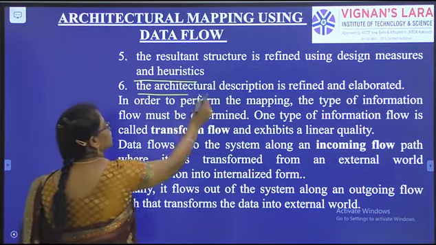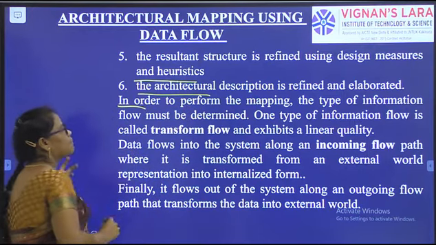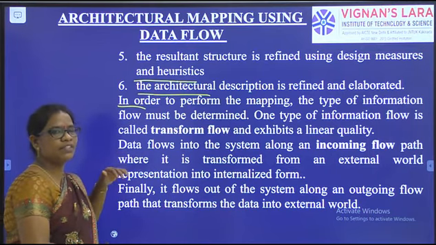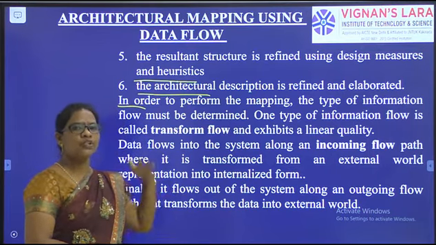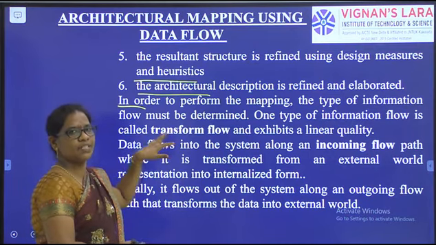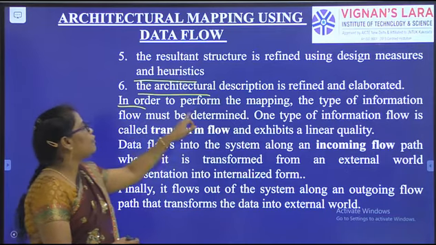So the architectural description is refined and elaborated. In order to perform the mapping, these are the 6 steps. Whatever data flow diagram you have drawn, in order to put it in programming form, we have to follow these 6 steps.